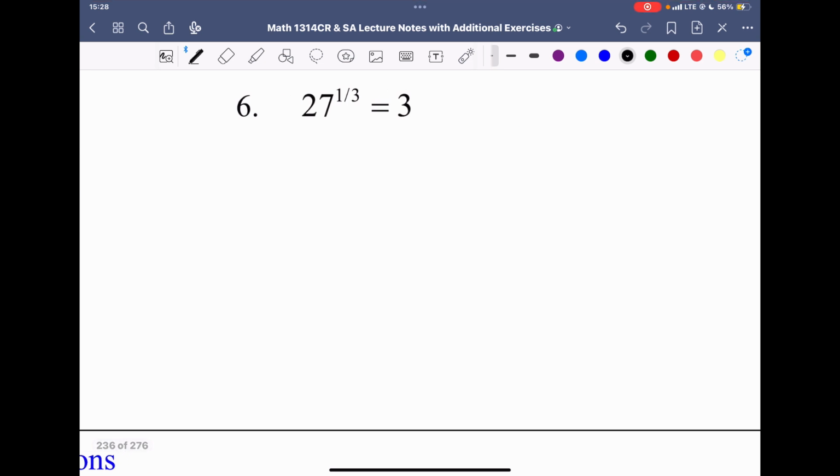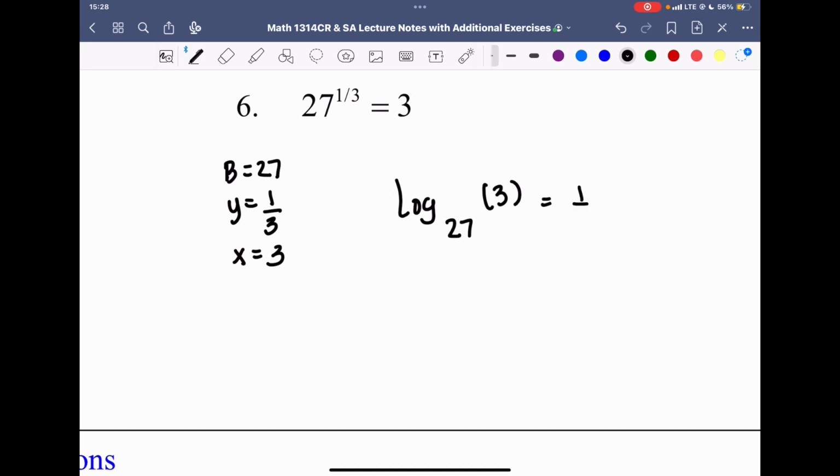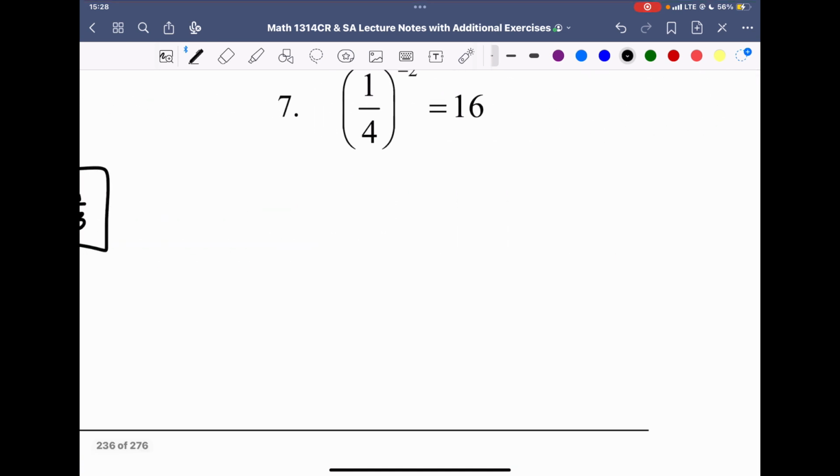So this next one, b equals 27, y equals 1/3, x equals 3. Log of base 27, 3 is the argument, equals 1/3. I would put the argument in parentheses or the base in parentheses. I just typically put the argument in parentheses.